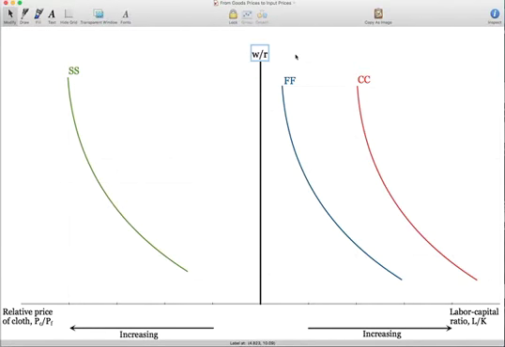The reason being is if we just assume that the rental cost of capital is constant, as wage rates go up, what's going to occur? Firms are going to substitute away from labor because it's getting more and more expensive relative to capital, so they will use less labor and purchase more capital because labor is getting that much more expensive than capital.